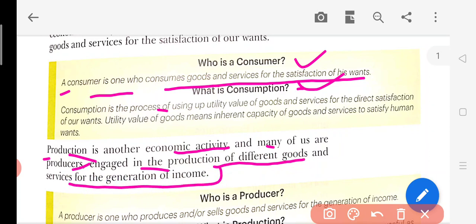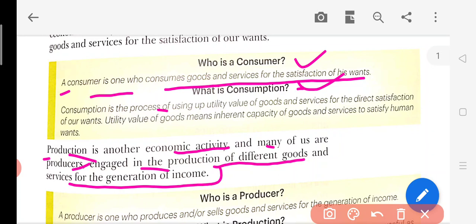So why do we produce? If a company is producing, why is it producing? If a teacher is teaching, why is he teaching? If a lawyer is fighting the case of someone, if a doctor is looking after a patient, they all are providing some kind of service, production of services or production of goods. So why is it done? What is the need to do such things?